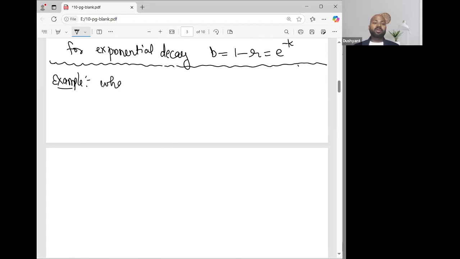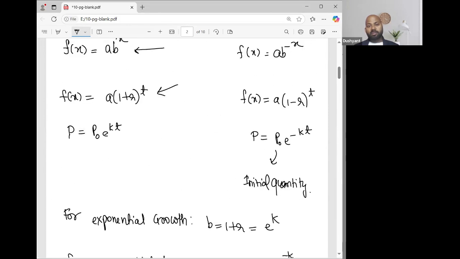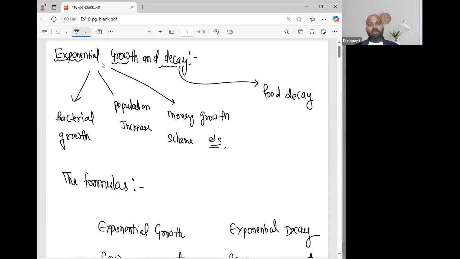The question will be, what is the amount received? This will be totally similar to compound interest. This is my exponential growth money scheme.